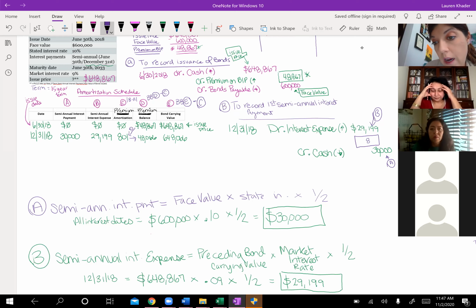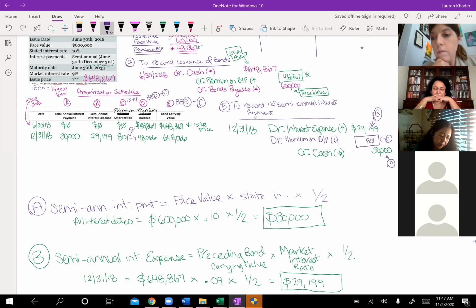The difference is 801, which is from column C, and we're going to debit premium on bonds payable, reducing the premium balance.